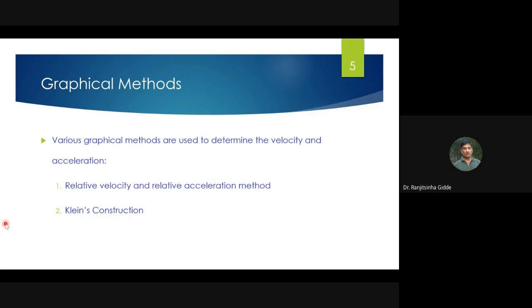But you should know that you can read the books in addition to this. Number 1, relative velocity and relative acceleration method.